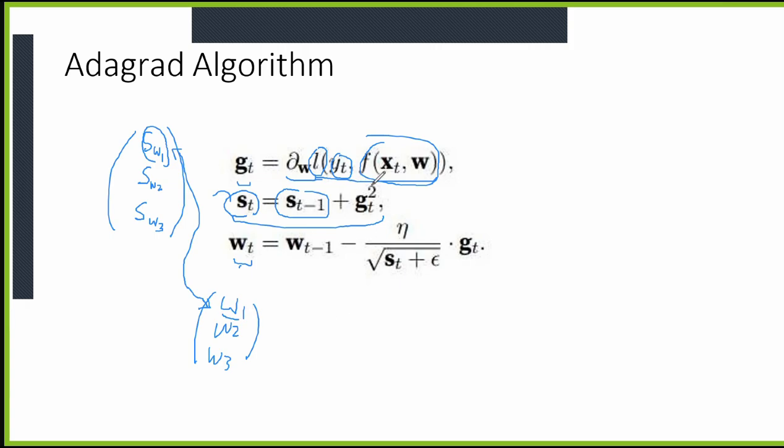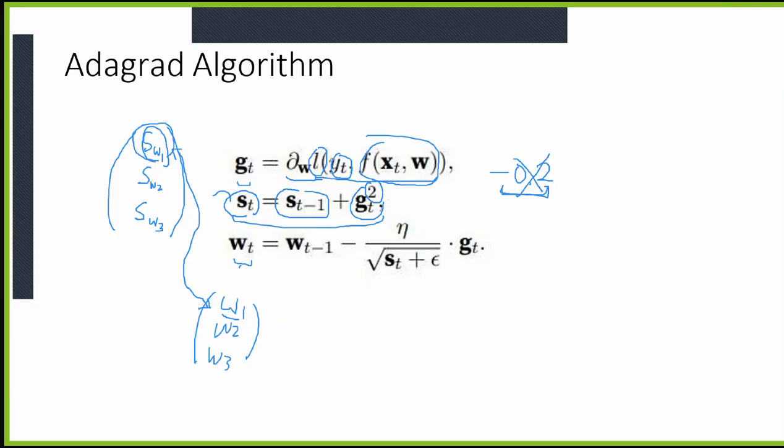Another caveat is that we are squaring the gradient. This is because we're interested in the magnitude of the gradients used for training, and we don't care about the sign, because sometimes the gradient could be negative. We don't want this to cancel out when we accumulate the magnitude of the gradient, so we want to get a positive number.